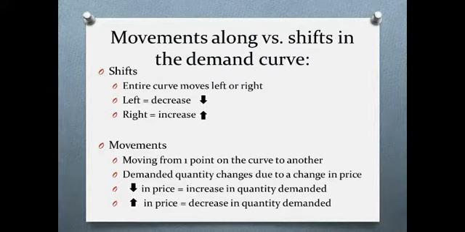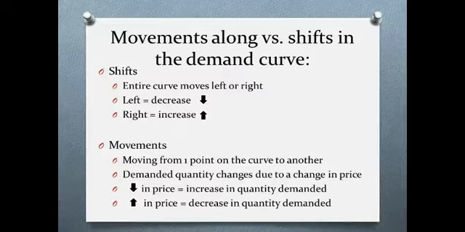Movements versus shifts. Okay, like I said, with a shift, the entire curve moves left or right. A left equals a decrease, a right equals an increase. Now movements, you move from one point in the curve to another. The demanded quantity changes due to a change in price. So it's not that overall consumer demand is changing.